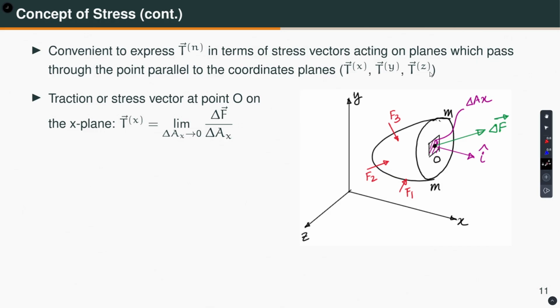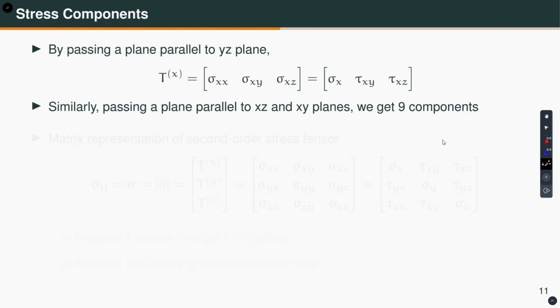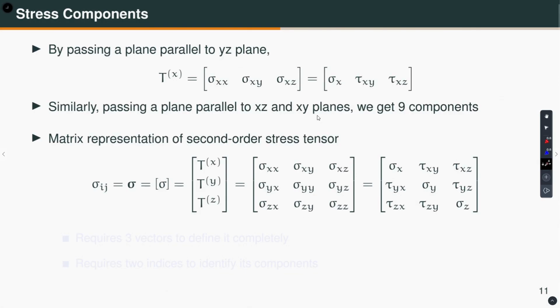So, if I pass a plane parallel to the zx plane through this point, I will get a cut something like that, and I will have 3 more components, just like here we have 3 components. If I pass a plane parallel to xz and xy, for each case I will get 3 stress components. So, in total I will have 9 stress components.